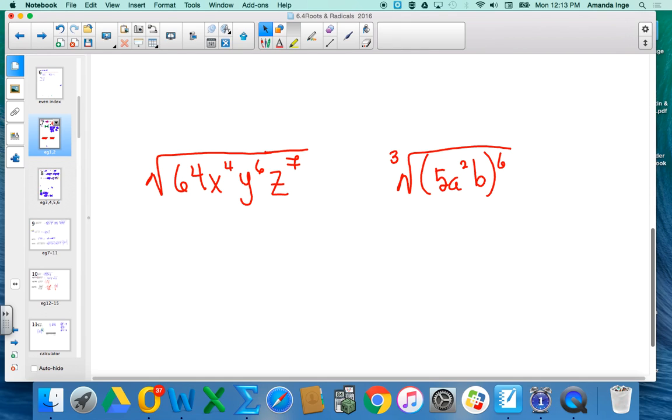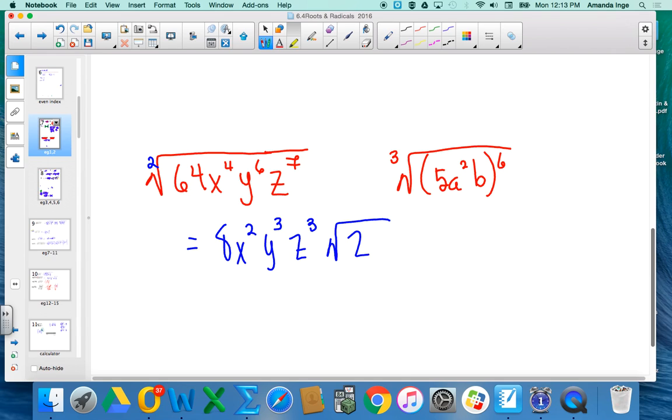Well, the square root of 64 is 8. 2 goes into 4 twice. 2 goes into 6 3 times. 2 goes into 7 3 times with 1 left over. Once again, we have to check because we have an even exponent. So that's even, even, even, even, even, odd.